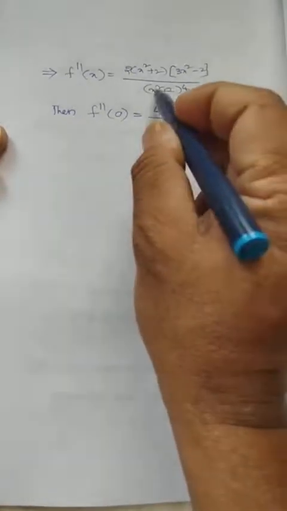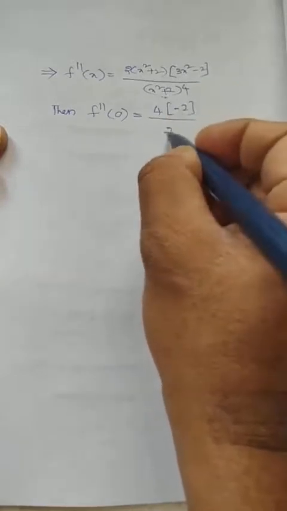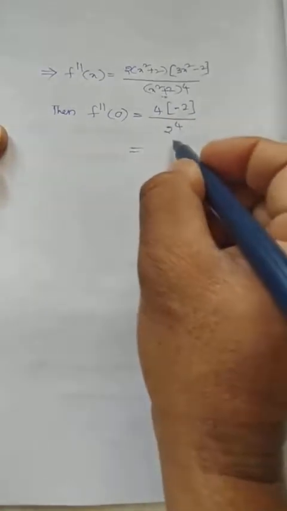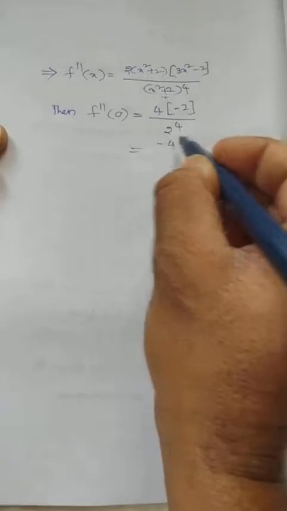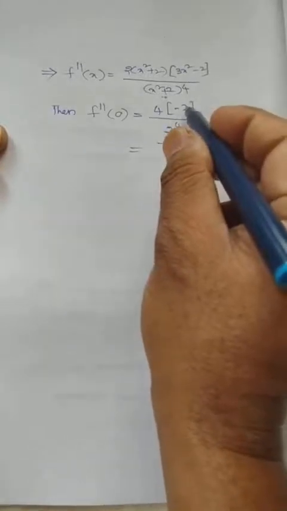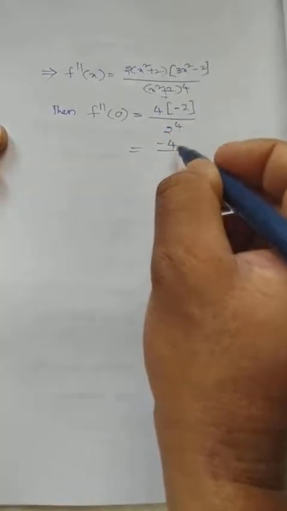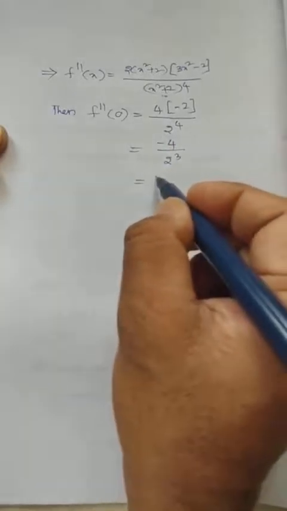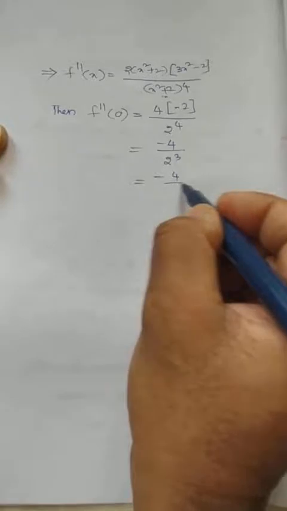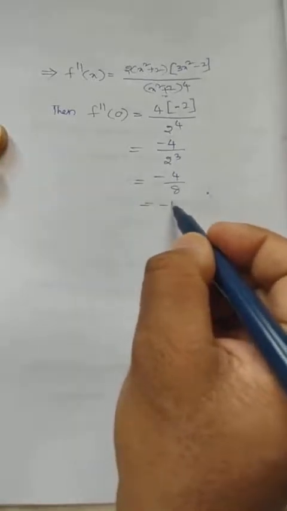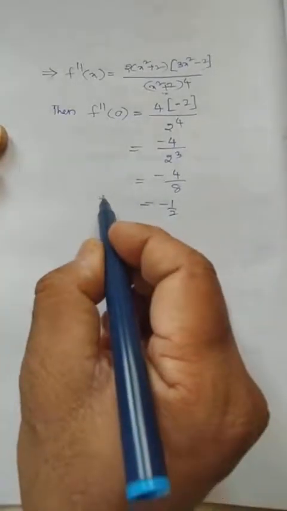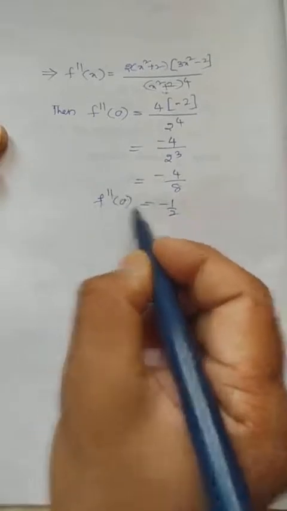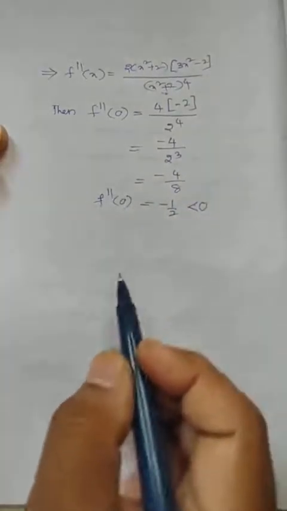So 0 into 2 power 4 you would get. So what you are getting is 4 by minus 4 by 2 cancels, remains 2 cube, that is equal to minus 4 by 8, that is equal to minus 1 by 2. So f double dash of 0 you got is negative, isn't it?